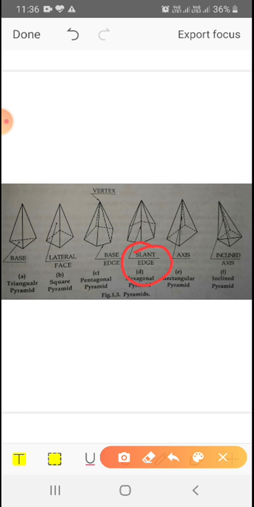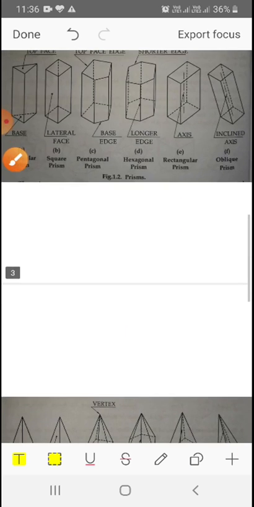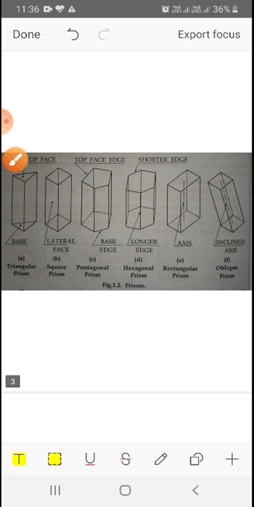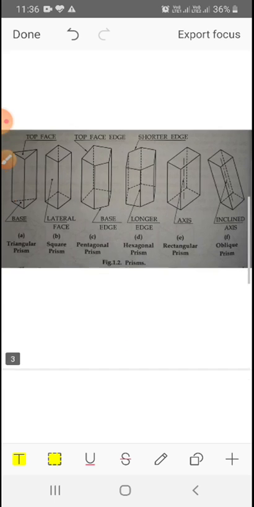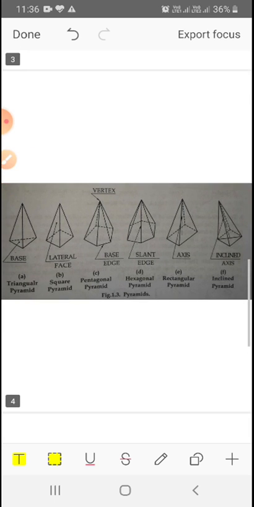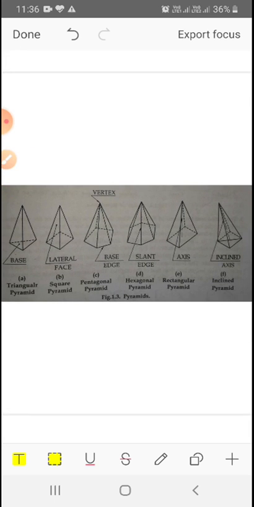In the previous discussion, we already discussed the regular right prism and oblique prism. In the same way, here we are going to discuss the right pyramid and oblique pyramid. A right pyramid is one where the axis of the pyramid is perpendicular to its base.